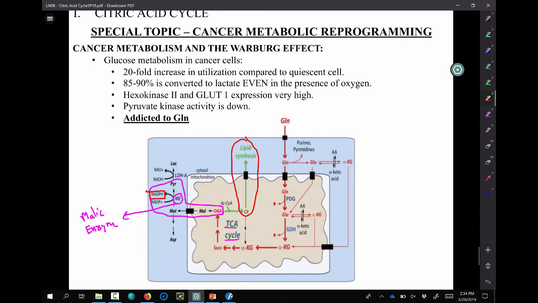Now, interestingly, and we've known this for 50 or 60 years, many cancer cells are essentially dependent upon the amino acid glutamine. They will absorb significantly more glutamine than most other cells and most other amino acids. Now, why?